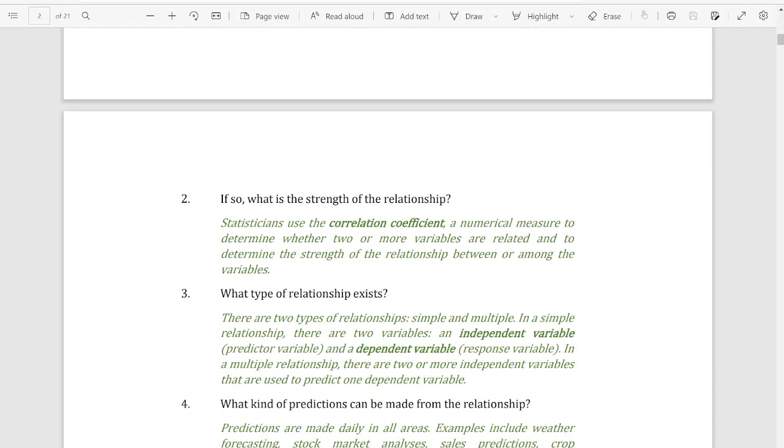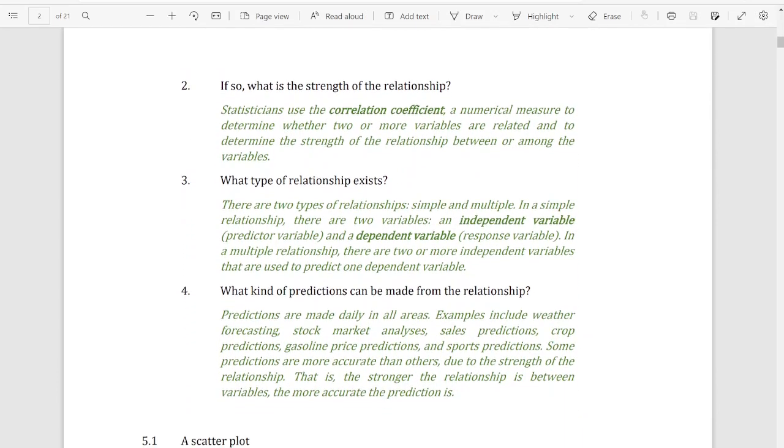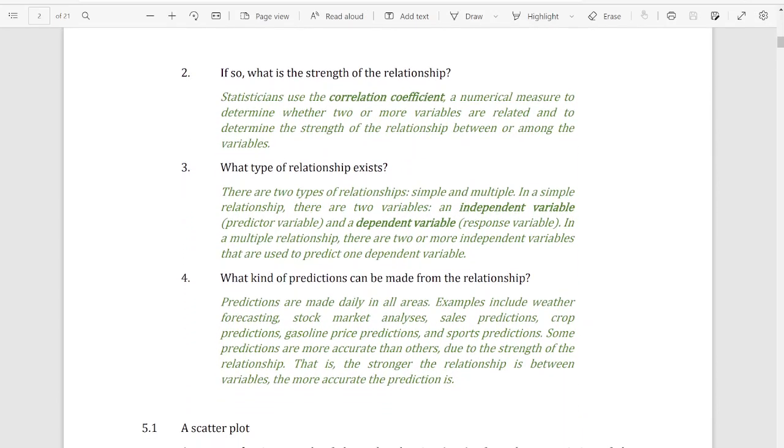Untuk persoalan yang kedua, if so, kalau ya, what is the strength of the relationship? So, macam mana kita nak tahu pula dia punya strength of the relationship? Macam mana kita nak tengok dia punya arah? Adakah dia bersifat positif ataupun negatif? Kalau bersifat positif tu macam mana? Kalau bersifat negatif tu pula macam mana? Okay, this is where statisticians use the correlation coefficient.